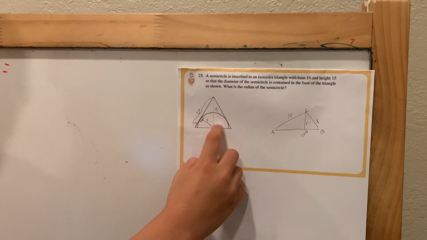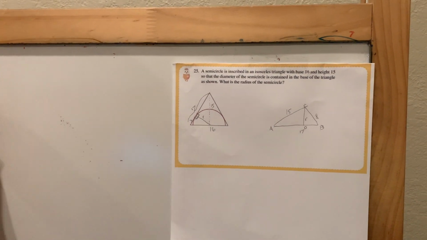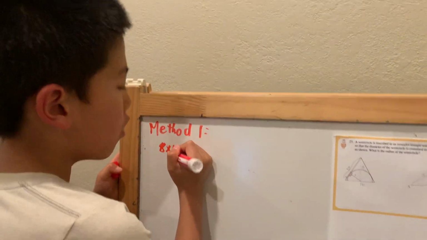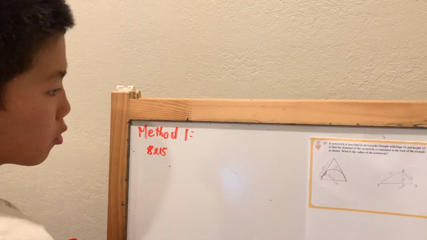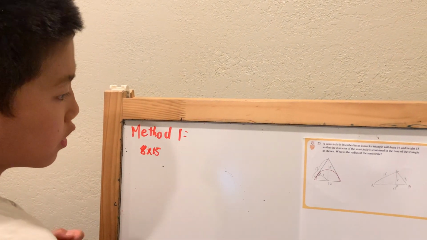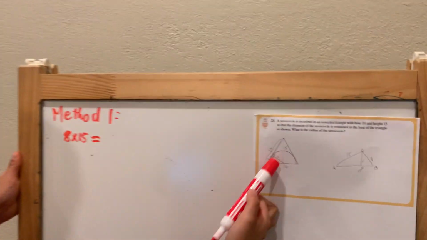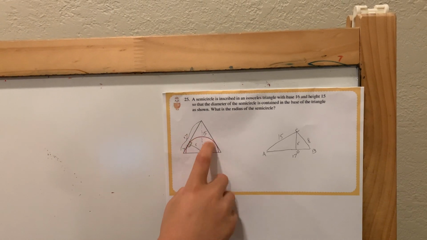So the area of half of the bigger triangle is going to be 8 times 15 over 2. But because it's going to be a denominator, I'm going to take out the denominator. So it's just going to be that 8 times 15 equals this tiny triangle and this other triangle.